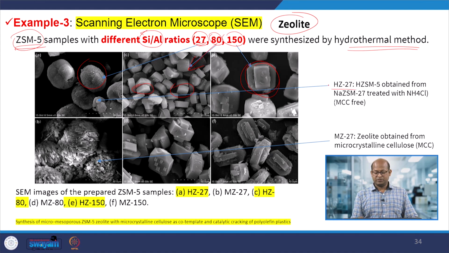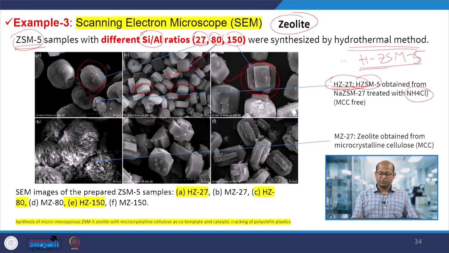Here, for these first three, the material was obtained from HZSM-5 acidic form, that was treated with NH4Cl. The image is like this. Whereas when the same zeolite was obtained from microcrystalline cellulose, its nomenclature is expressed as MZ27, and the structure is a little bit different.